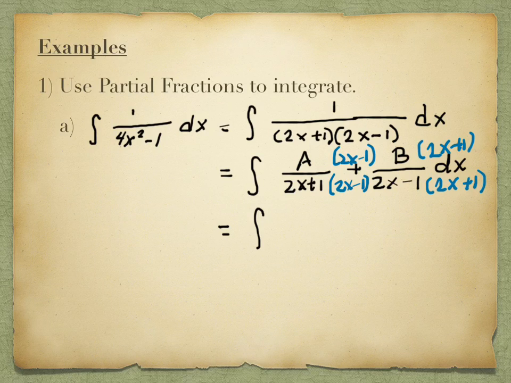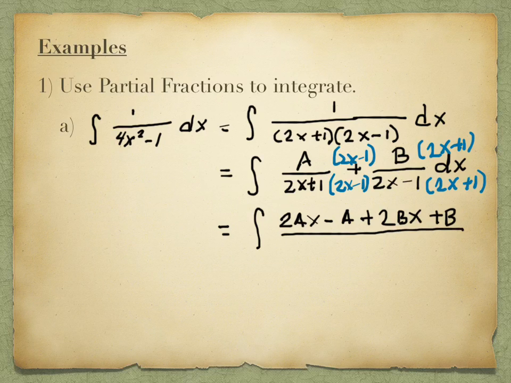Yeah. All right, so I have A times 2x, well, that's 2Ax, minus A times 1, so minus A, plus, and then B times 2x, so that's 2Bx, and B times 1, that's plus B. And then the denominator is the same denominator I started with in factored form. 2x plus 1 and 2x minus 1.